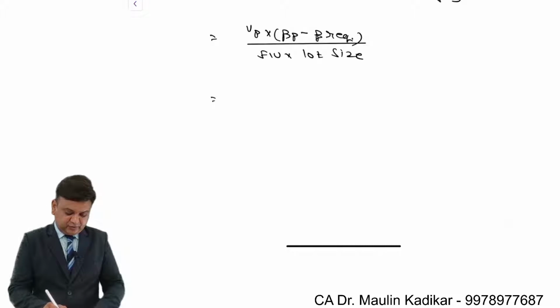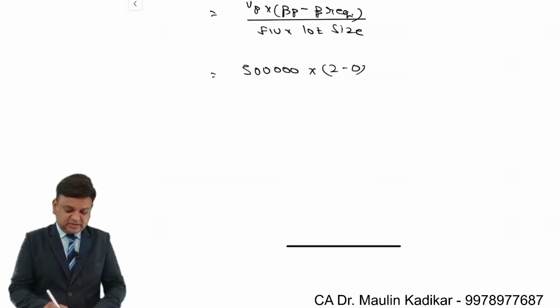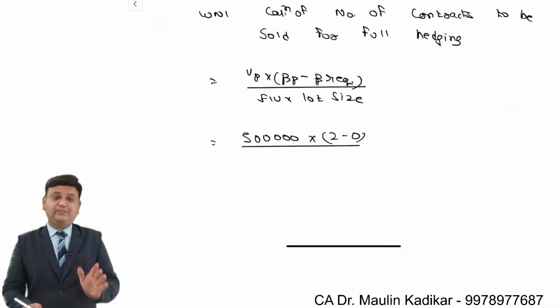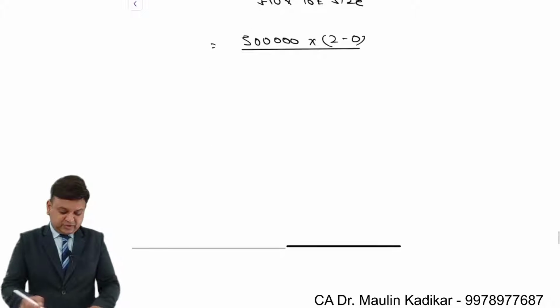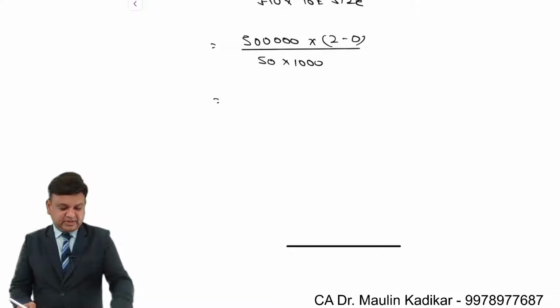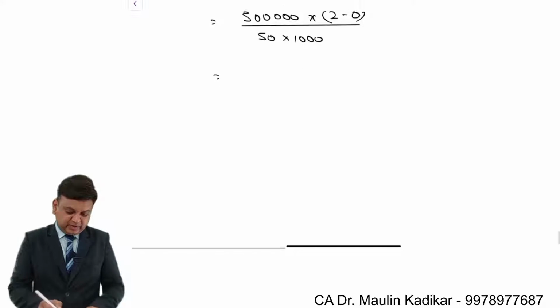What is the value of the portfolio? 5 lakhs. What is the beta of the portfolio? It is 2. Minus, let us say it is 0. Why? Because I want to calculate first of all the number of contracts to be sold for perfect hedging. So divided by 50,000, that is 50 into 1000. So the answer is 5 lakhs into 2 divided by 50,000. That comes to 20 contracts.